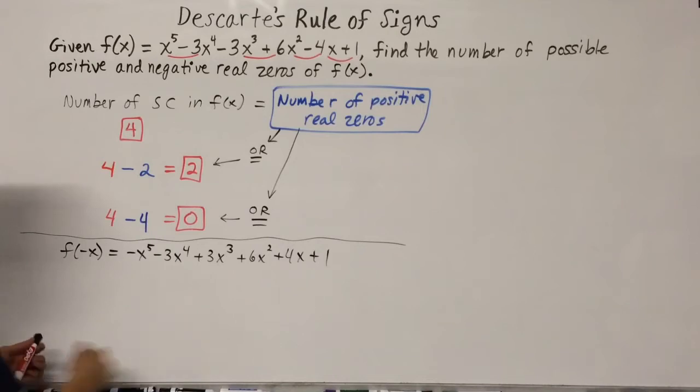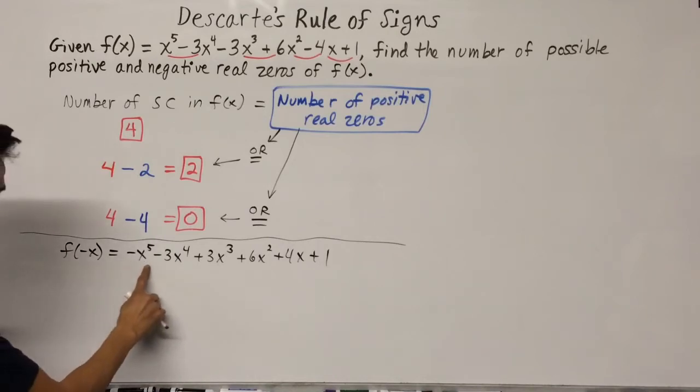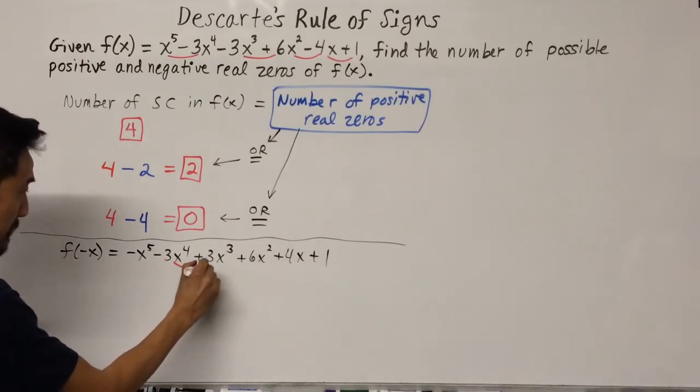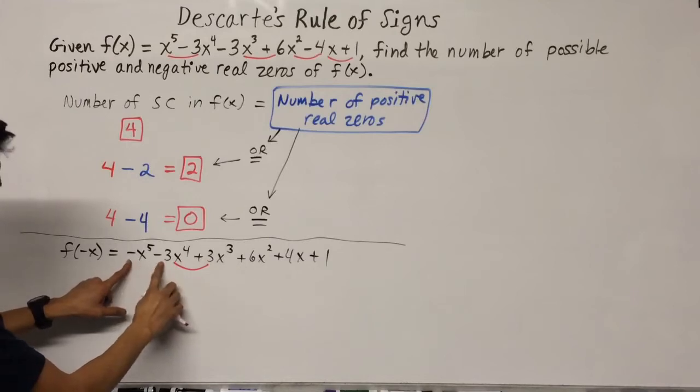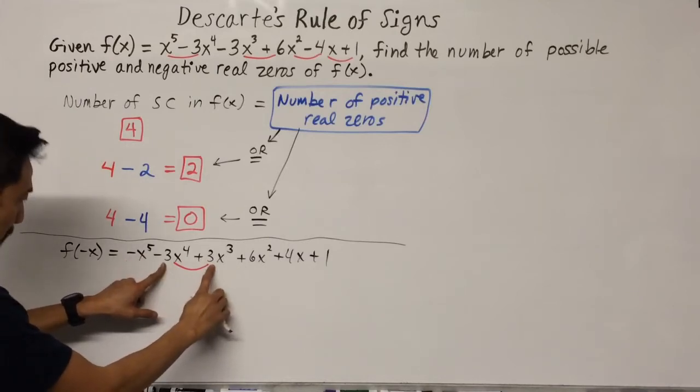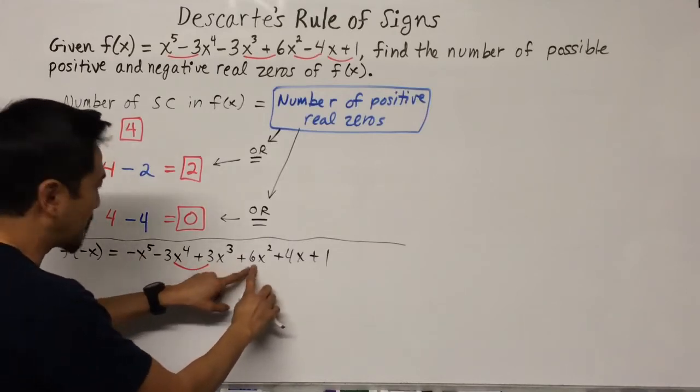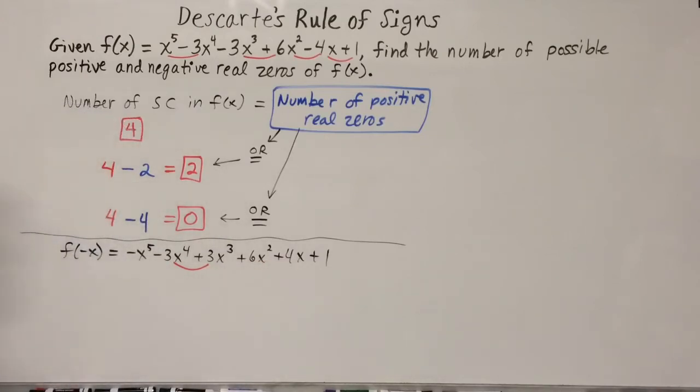Okay? So the number of sign changes is what? Just 1. Okay, so we're going from a negative to a negative. That's not a sign change. Negative to a positive, yes. And then positive to positive and positive to positive, that's not.